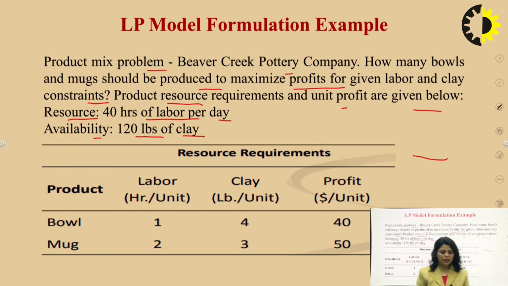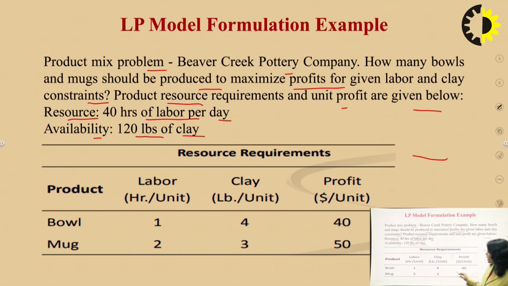In this we can see that the company is producing two components, bowls and mugs, and the constraints are given in terms of labor and clay. In this table, the resource requirement for the bowl is 1 labor hour per unit and 4 lbs of clay per unit, and the profit is 40 dollars per unit.